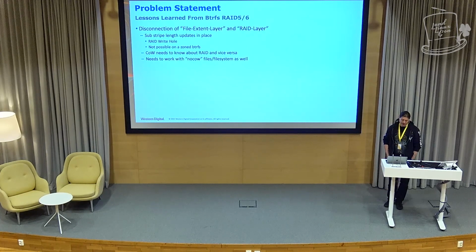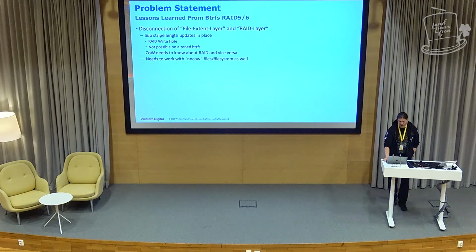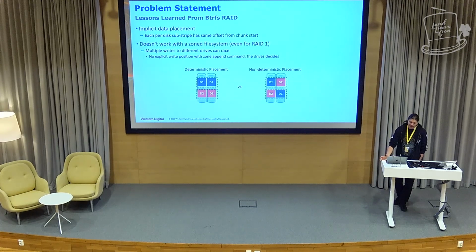Ideally, this should work for no-cow files and no-cow file systems as well, for the regular, non-zoned BTRFS case. Another problem that we found in zoned RAID is that BTRFS expects deterministic data placement for RAID.